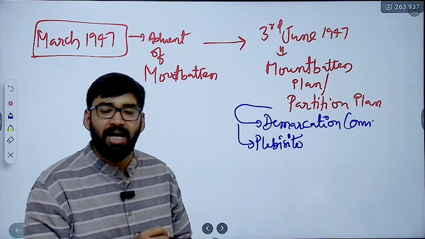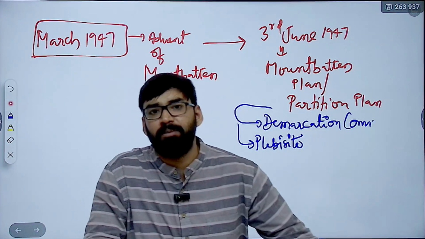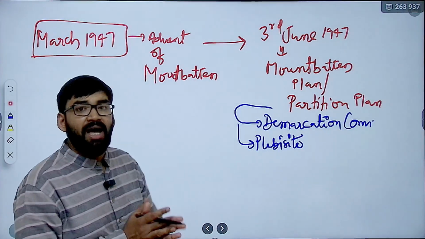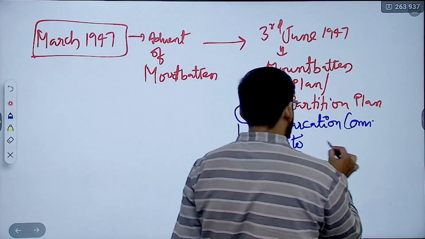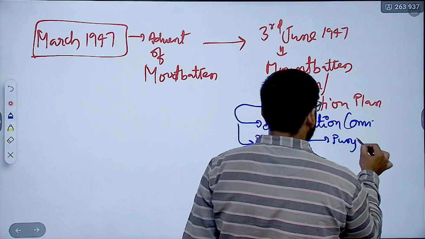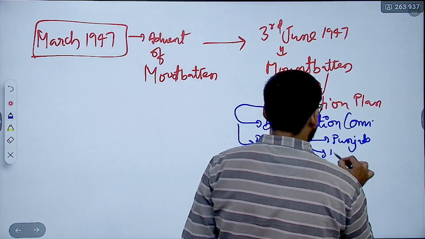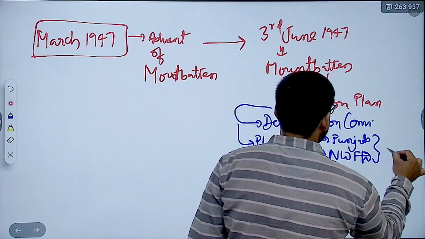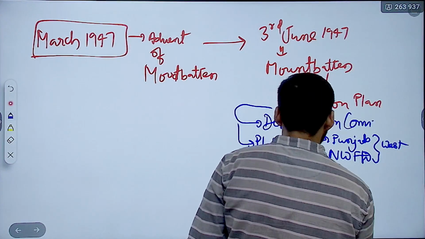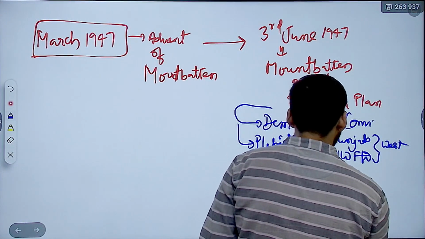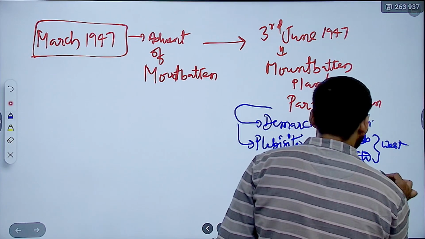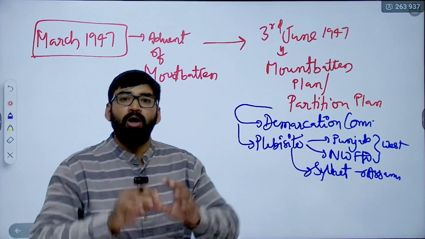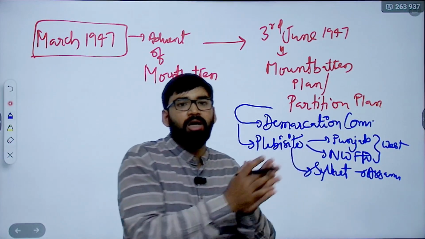Now this plan says that there would be a plebiscite in Muslim majority provinces like Punjab and Northwest Frontier Province in the west, as well as Sylhet district of Assam, on the question of joining either India or Pakistan.